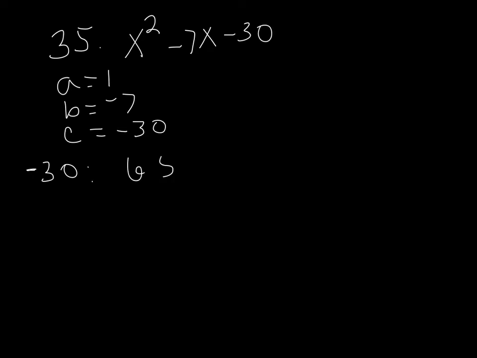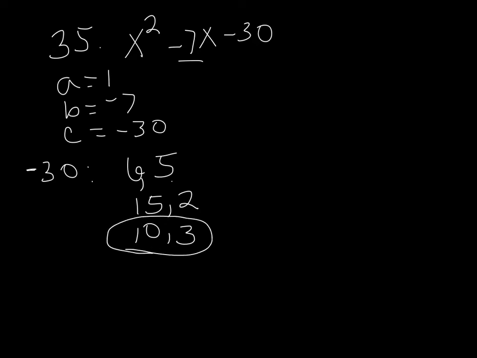So you'd have 6 and 5, and we would have 15 and 2, and then we have 10 and 3. Now, I can't put 15 and 2 together to get a negative 7, and I can't put a 6 and a 5 together to get a negative 7, but I can put it together here.